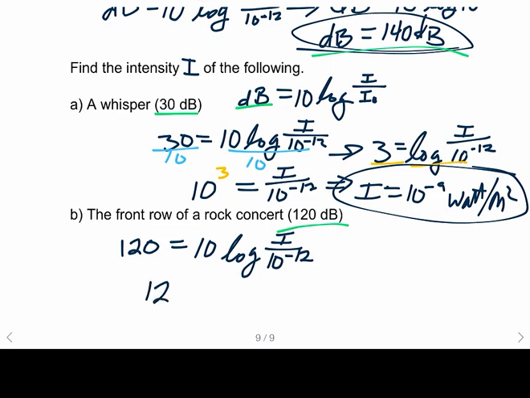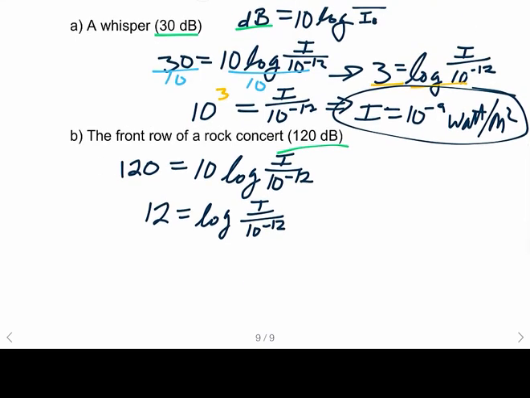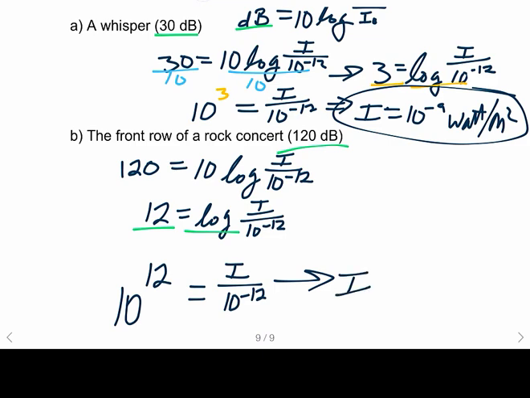And so 12 is equal to the log of I divided by 10 to the negative 12. The base is 10. A logarithm is an exponent. And so we have 12 is the exponent on the base 10, and that's equal to I divided by 10 to the negative 12. And that gives us that the intensity is equal to 1 watt per square meter.